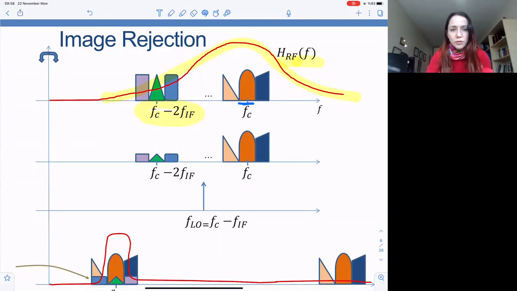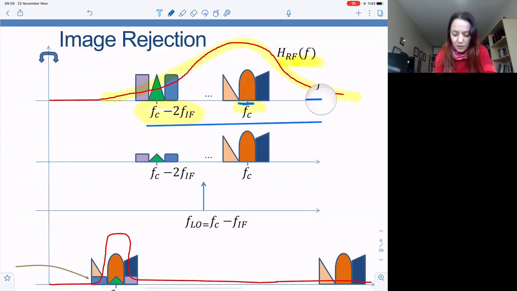Okay. Now we can continue. Let's see if I'm recording. Yes. So in addition to the intended signal, which is at FC, the RF filter is going to admit a whole range of signals around it. Now, let's in particular focus on the signals that are admitted around FC minus 2 FIF.